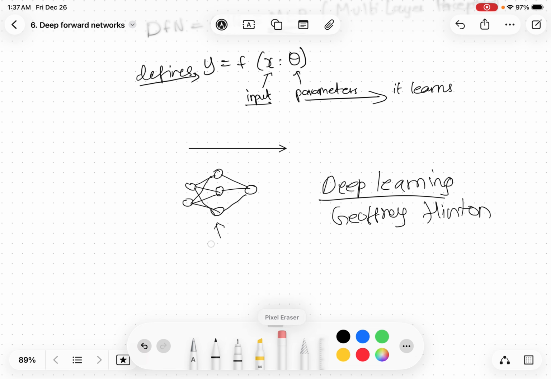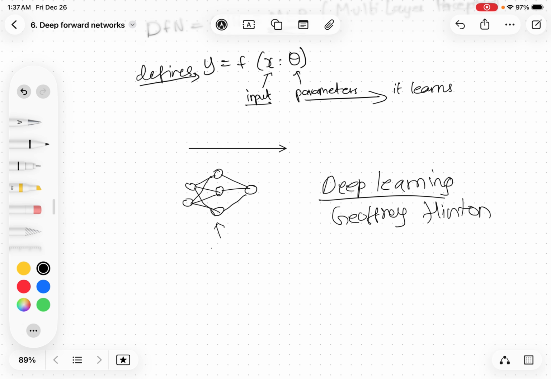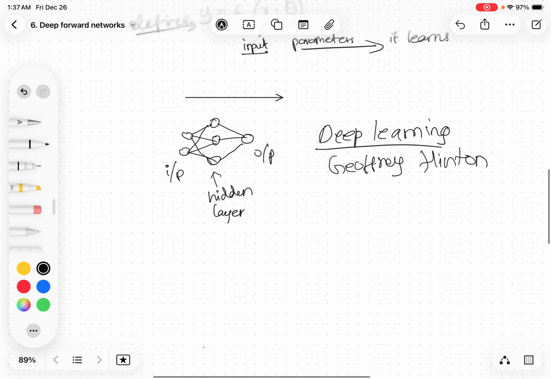This would be called the output layer. So this is the hidden layer, this is the output layer, and this would be the input layer. That is just an example of it.